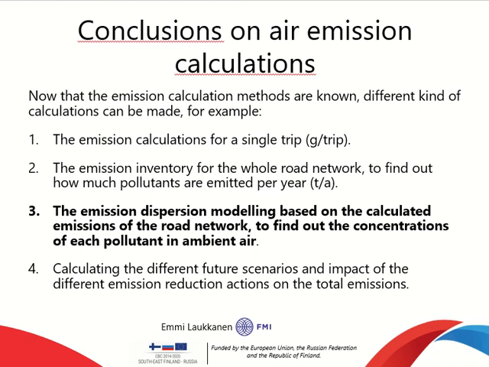And point 4 would be to calculate different kinds of future scenarios and the impact of different emission reduction actions on total emissions. By changing the suppositions behind the calculations, like changing Euro class distribution or share of different types of vehicles on the road, or even alternative road alignments, different scenarios can be tested and we can see what kind of impact these have on the environment.